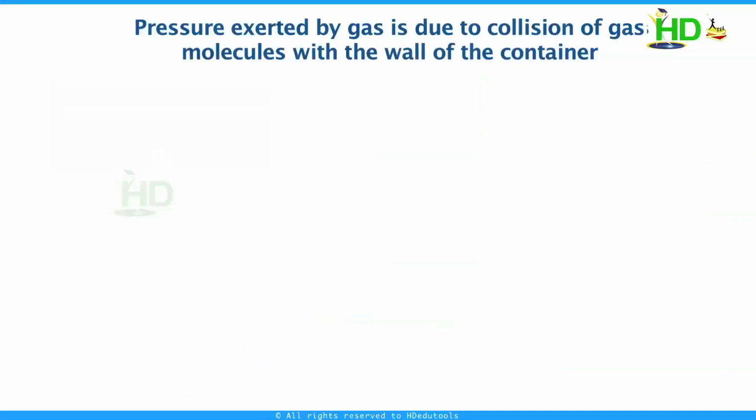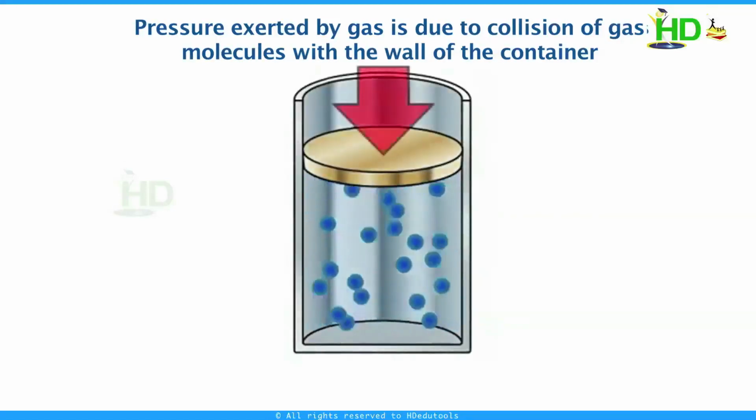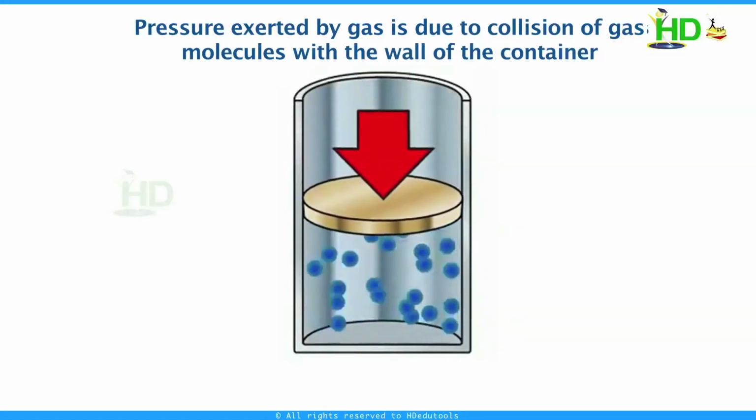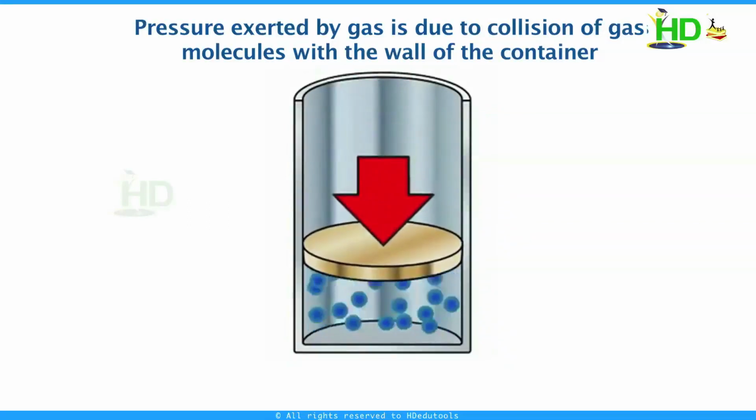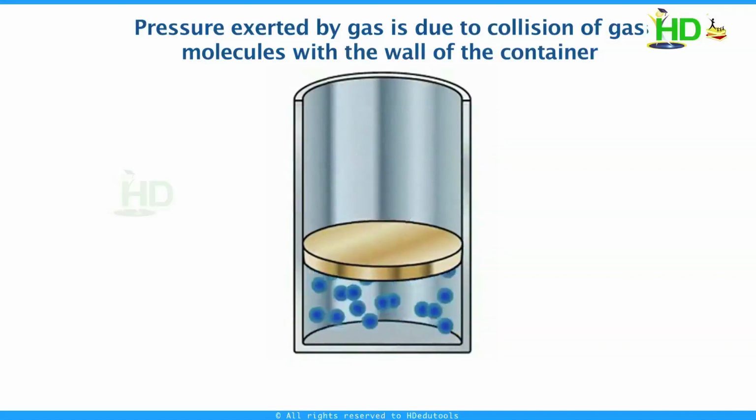Pressure exerted by gas is due to the collision of gas molecules with the walls of the container. Gas pressure is due to the collision of molecules with the container. Therefore, we can say the pressure is directly proportional to number of collisions per unit time per unit area by the molecules on the wall of the container.